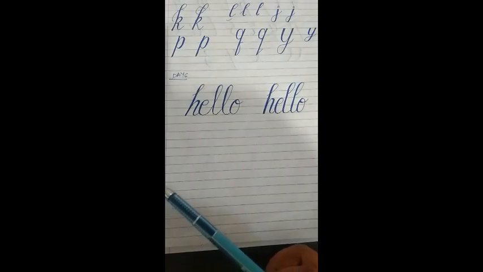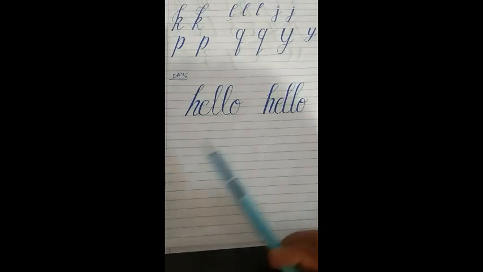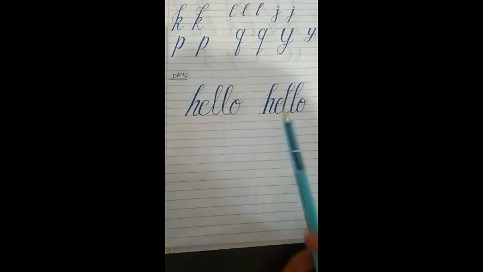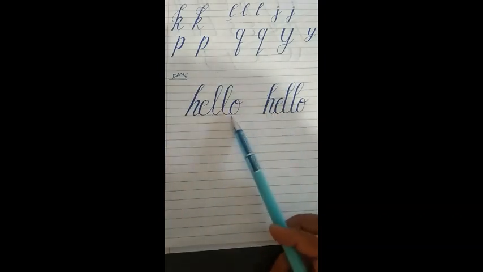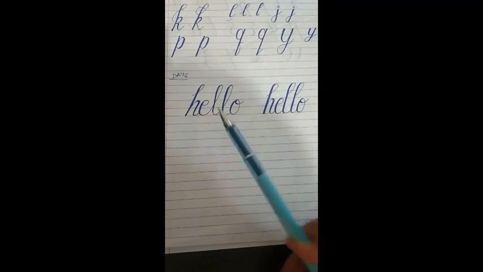So this is the main thing of today's session, how the letters are connected. See the difference, how it has been connected and how it will reflect. The way you connect the letters, the way it will look. So see, both are correct. You can go with whatever you find easy.